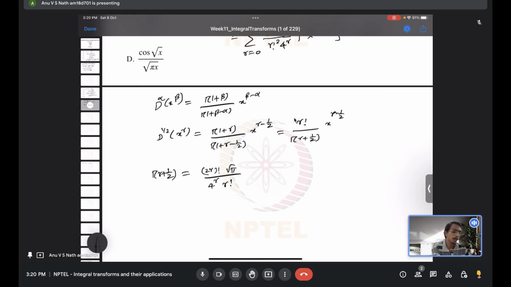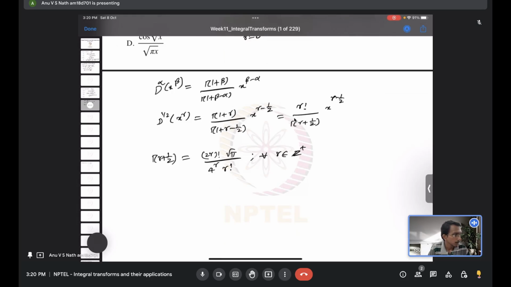So this is gamma of r plus half for any r an element of the positive integers. Because we are taking summation over the integers, we can use this expression here. Let me call this expression 2.